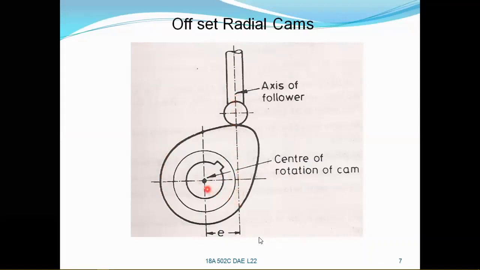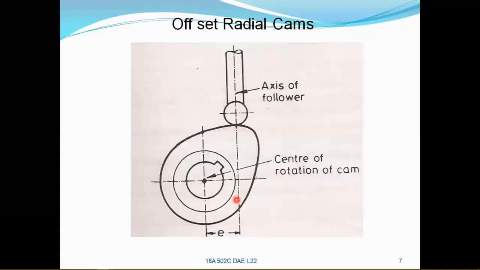In the previous figure, the axis of the follower as well as the axis of the center of the cam were in the same line. But in this, the center of the cam is away from the axis of the follower by a distance E. This is called offset. That's why it is called offset radial cams.